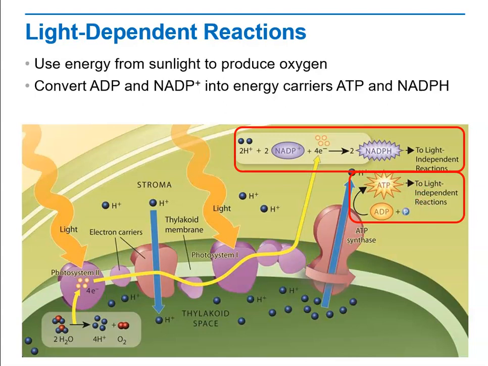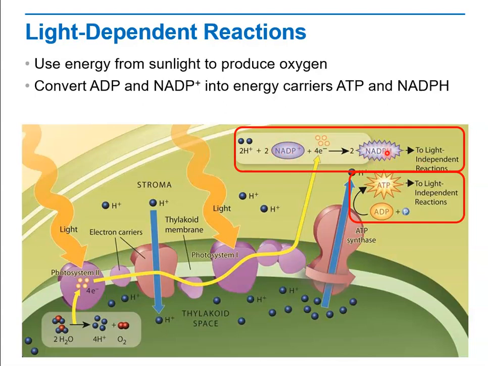The end result, the final product of the light-dependent reaction, is to convert ADP into ATP by adding another phosphate group to ADP, and also to convert NADP plus into NADPH by adding 2 hydrogen ions and 4 high energy electrons to NADP plus to form NADPH.